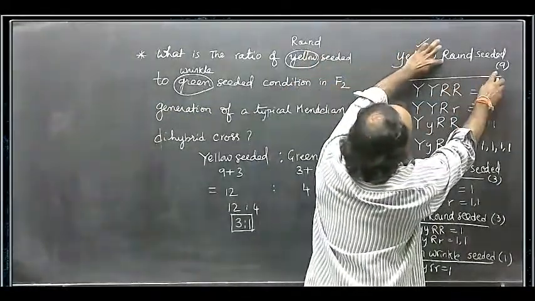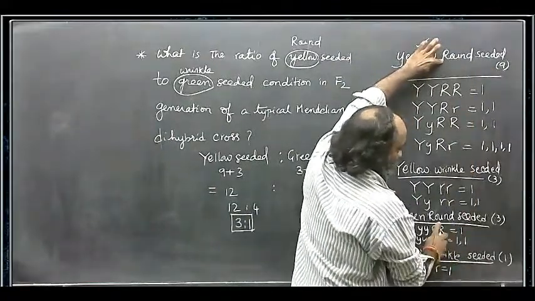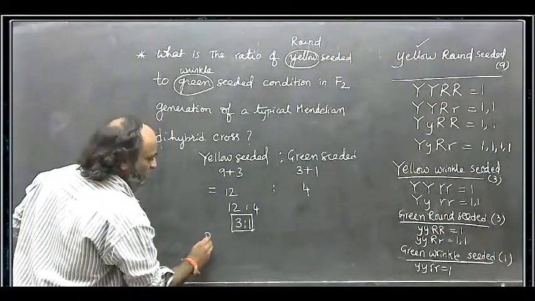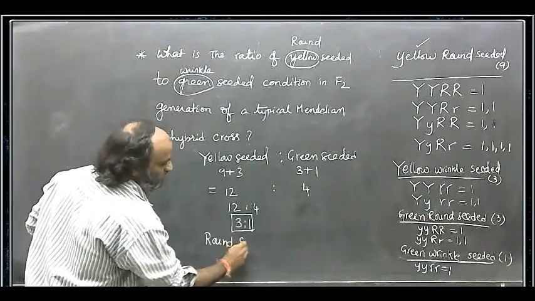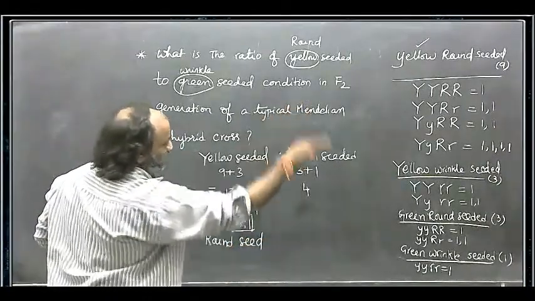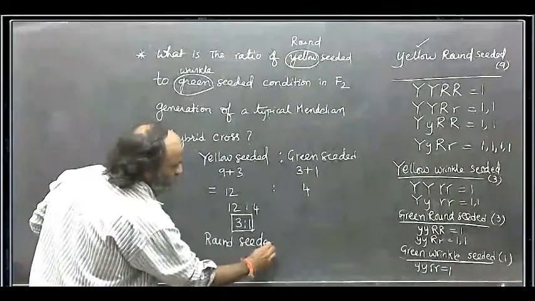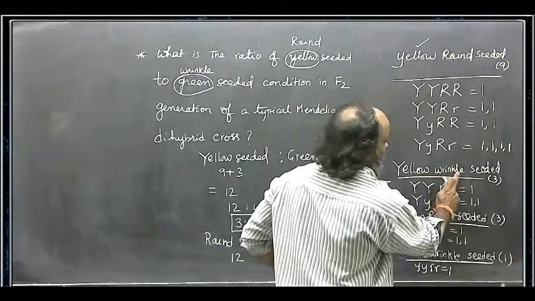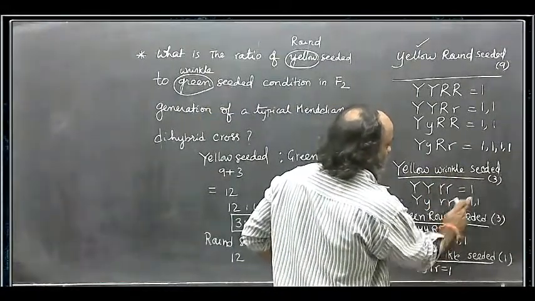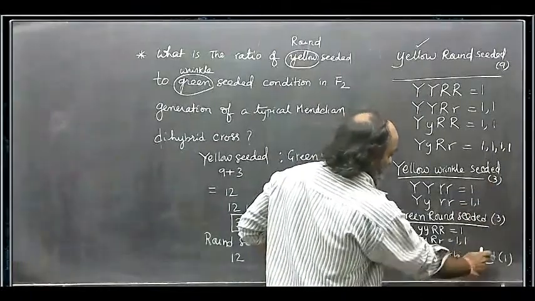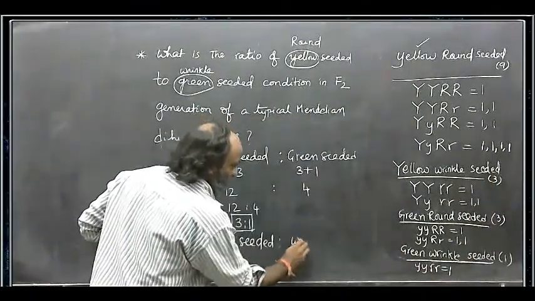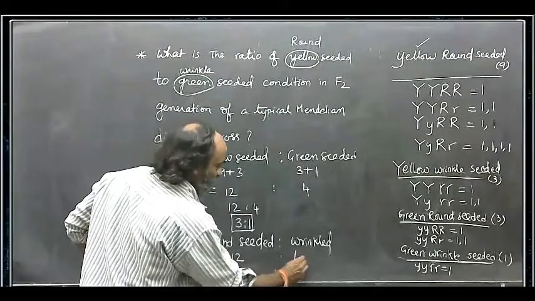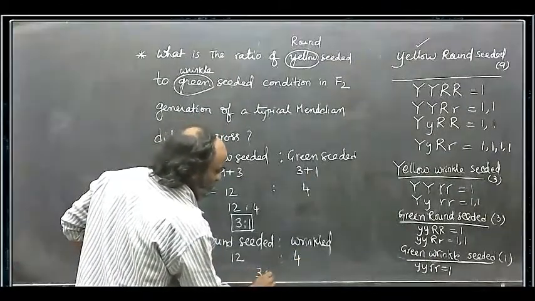In this case 9 of them are round seeded, and in this case 3 of them are round seeded. Therefore once again the round seeded is 9 plus 3, that is equal to 12. And wrinkle seeded, in this case the number of wrinkle seeded plants is 3. Here 1, 3 plus 1, it is 4. So wrinkle seeded is 4. Once again it is 3:1.